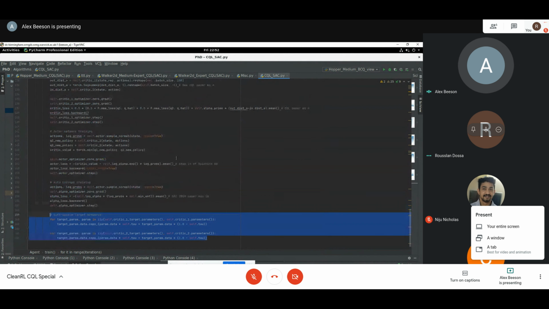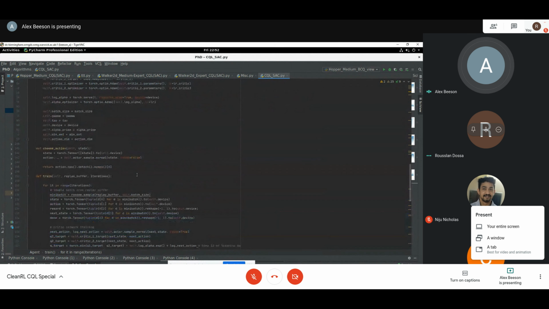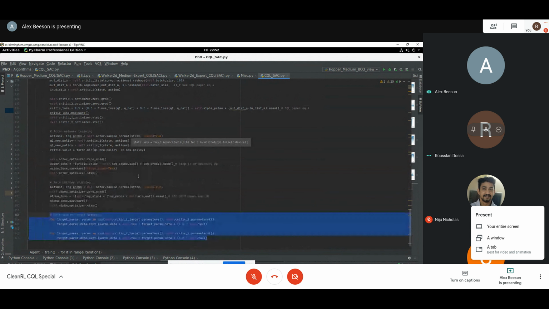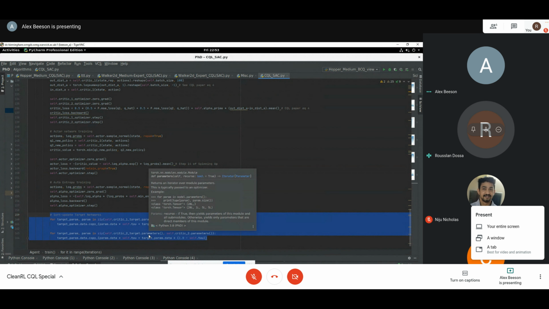Their implementation allows a lot more customization. Yours is quite restricted in what you can do, whereas they let you choose things like whether you want the CQL-H or CQL-rho version and all sorts. Even beside that, in your case you just have self alpha prime, right?